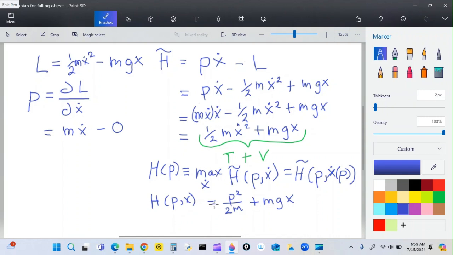And here's the momentum in terms of the kinetic energy and potential energy: P squared over 2m. So here's the difference. You think, well, P squared over 2m, that's the same as 1/2 mv squared, which is just what we knew anyway. But this is P squared over 2m at the maximum velocity. At the maximum velocity, this gives us the principle of least action, which is what we're trying to get to. Principle of least action, principle of stationary action.